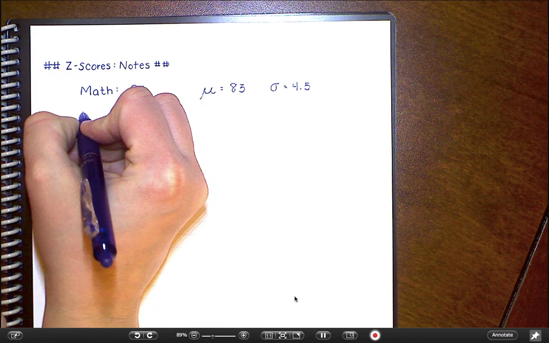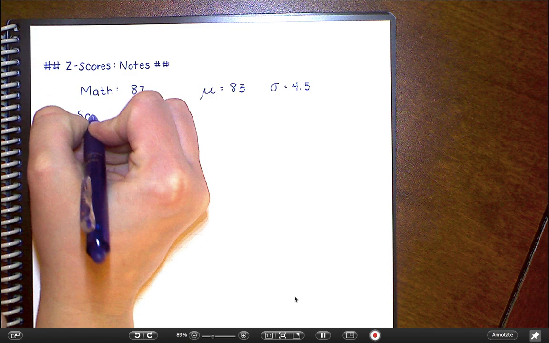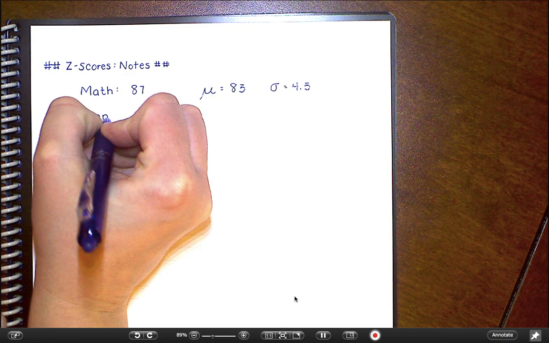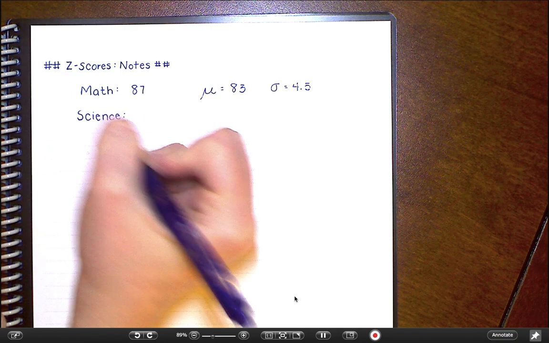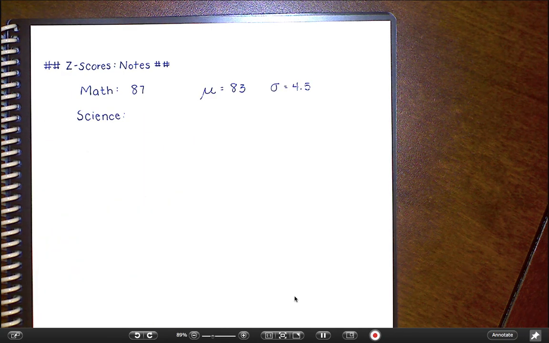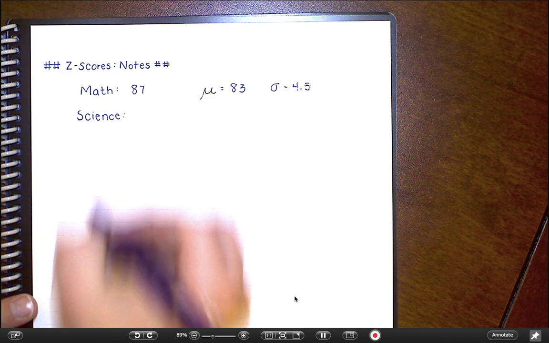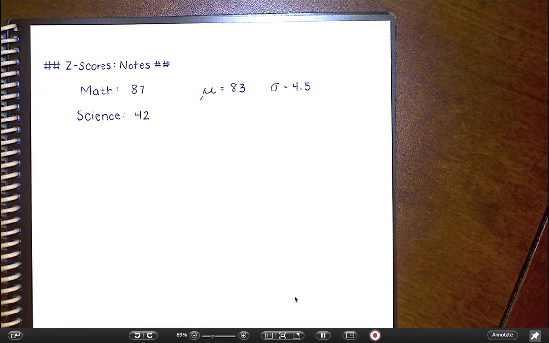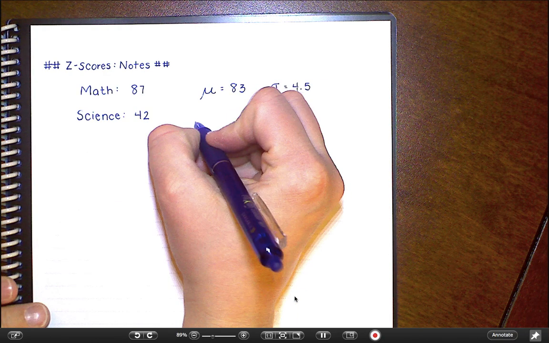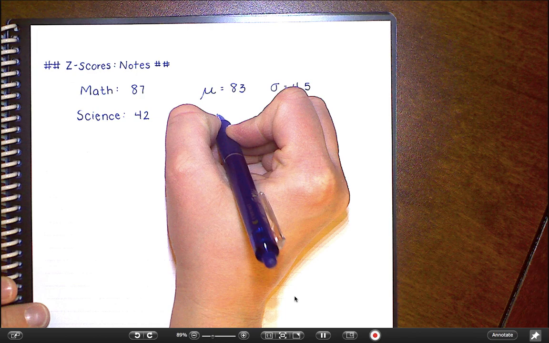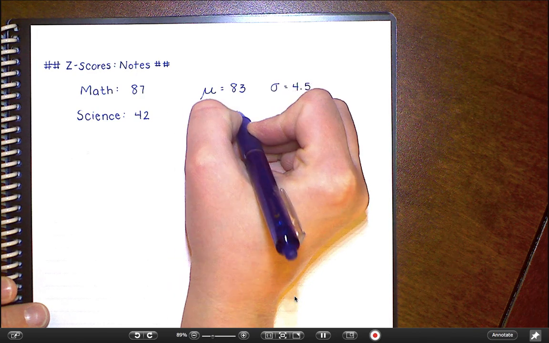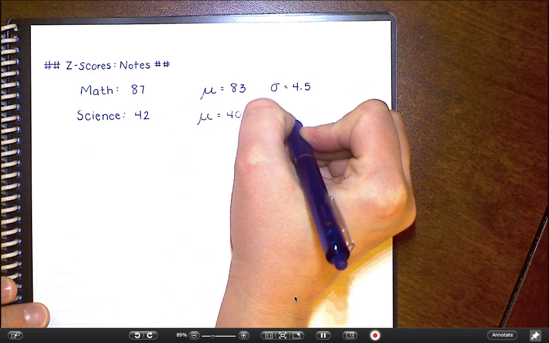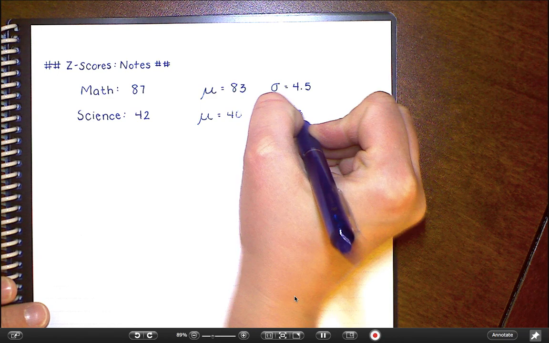Now let's say that you go take a science test, and your science teacher doesn't grade things in percentage form. Okay, they just grade them out of total points. So maybe you got a 42 on that test, but it was really like, I don't know, a 42 out of 45 or something like that. And you know that in that class, the class average was a 40 with a standard deviation of 3.